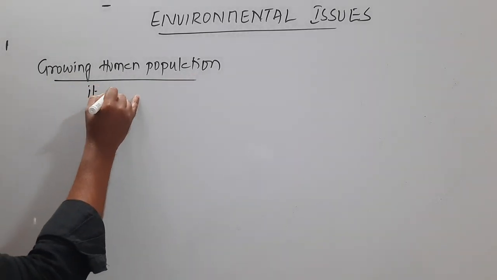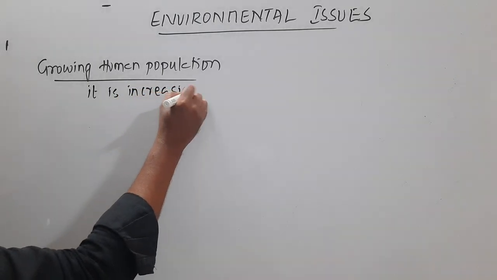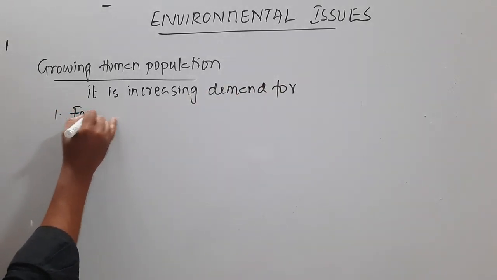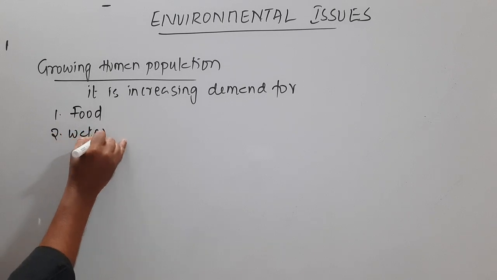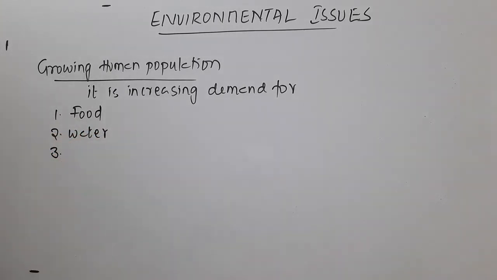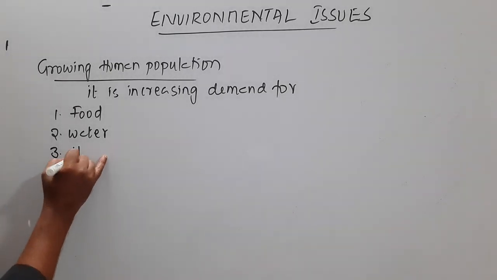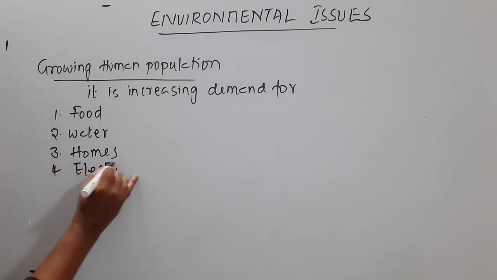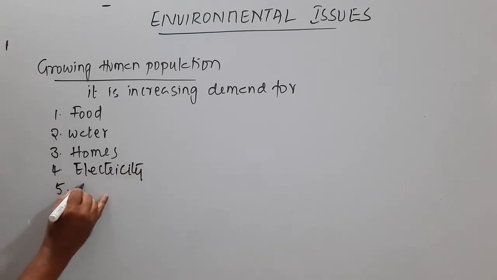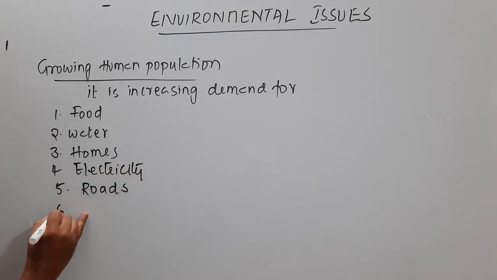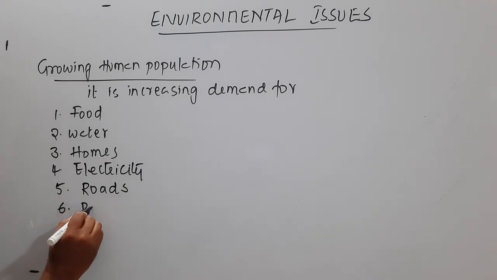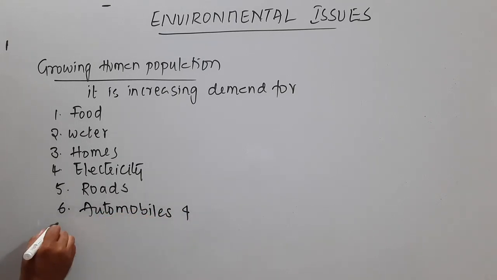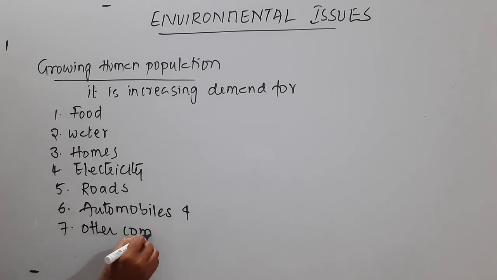It is increasing the demand for food, increasing the demand for water, and increasing the demand for homes, then electricity, and then roads, and then automobiles and other commodities.